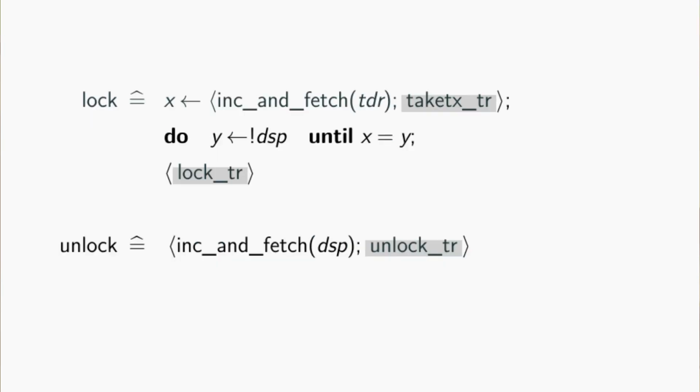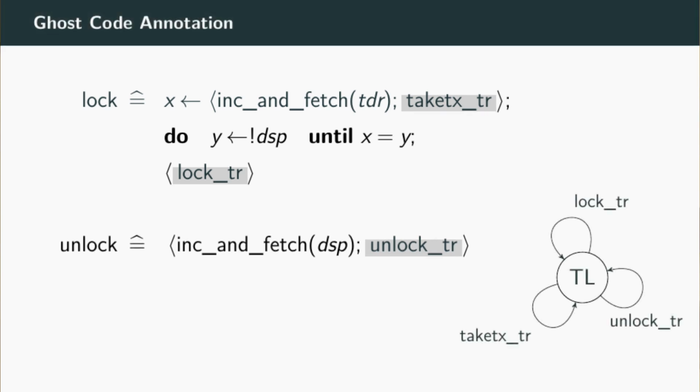Before we can derive the specifications for lock, we need to annotate the programs with ghost code to mark manipulations with the ghost state. In our ambient type theory, the ghost code, displayed in gray, is formed by transitions of the state transition system.